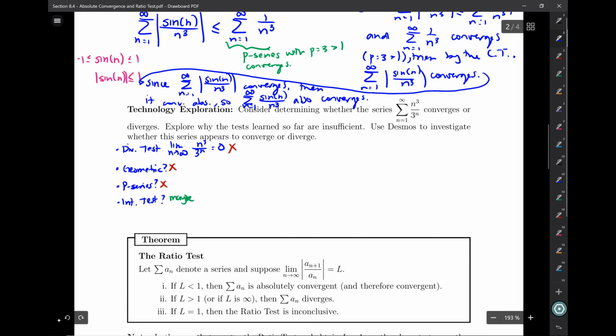What else have we done? The comparison test. If we did the comparison test, I would probably compare it to 1 over 3 to the n, because 3 to the n is the dominating term, and this is a geometric series with ratio 1/3, so this converges.